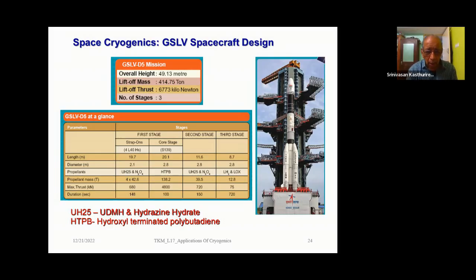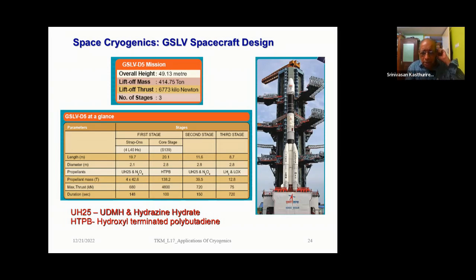HTPB, that is hydroxyl terminated polybutadiene, is another type of fuel being used. This is normally used in the core stage.